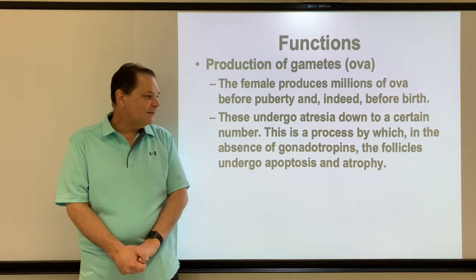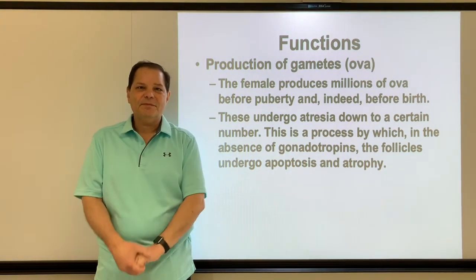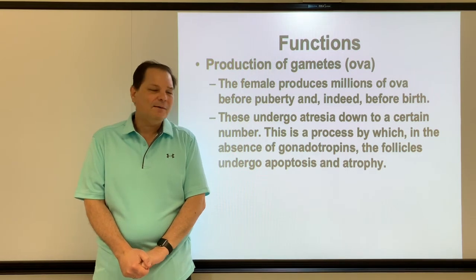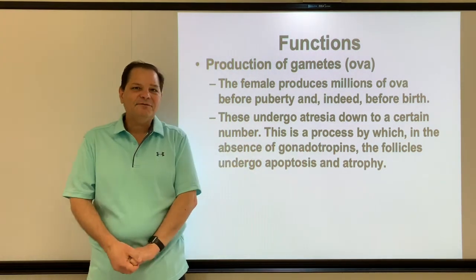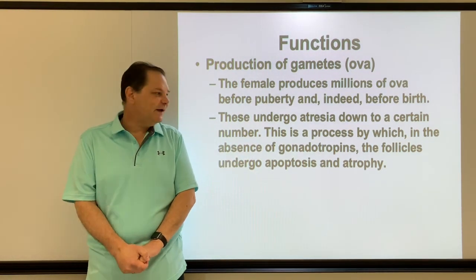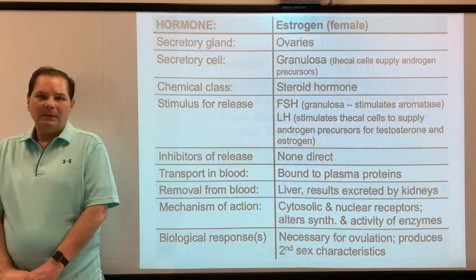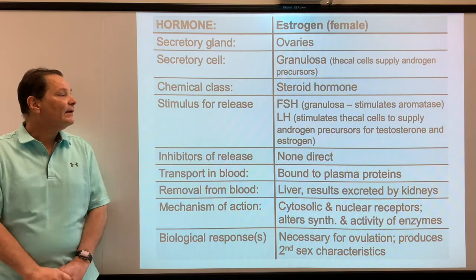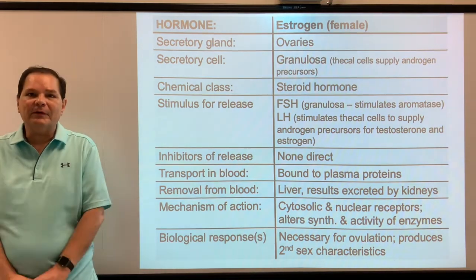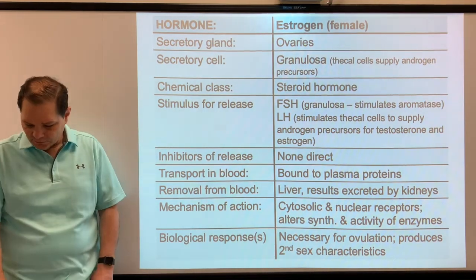And so during childhood, the gonadotropin levels are very low, and so these follicles tend to die off and shrink up. They don't ovulate, okay?